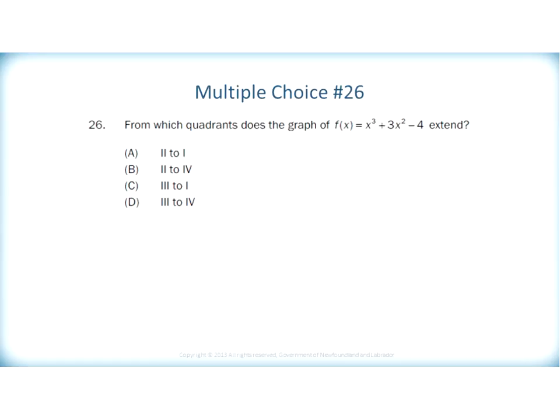Here we have: which quadrants does the graph of f of x equals x cubed plus 3x squared subtract 4 extend? And so we're being asked for the end behavior of a function. When you're asked for end behavior, you look at the leading coefficient. The leading coefficient here is 1.